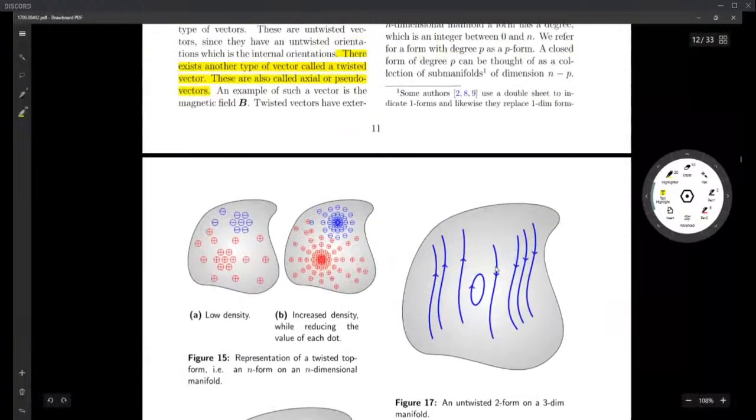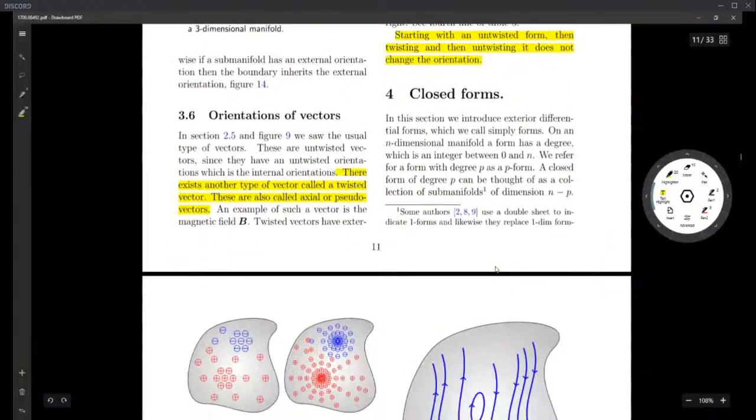So then what are forms? By definition, forms are actually multilinear maps which take a vector and output a real number, right? And as we saw in this paper, we don't want any math in it.